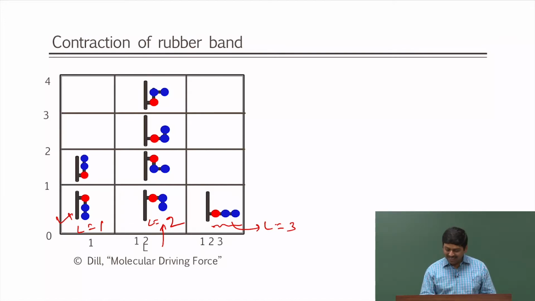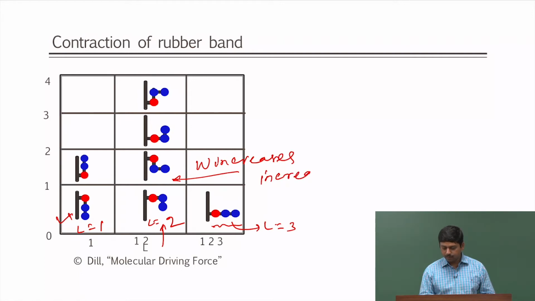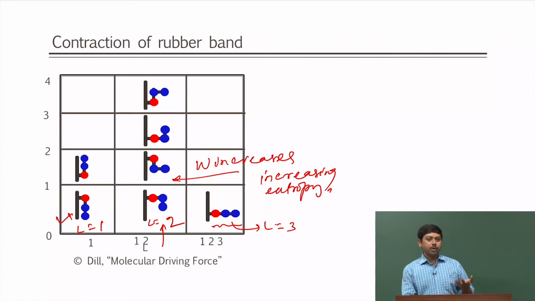So that is the reason: when you stretch it and then release it, your number of microstates W increases, increasing your entropy. And when it increases entropy, you know that entropy is dq by T. So when the balloon increases entropy, your fingertip will release that heat and it will feel colder.